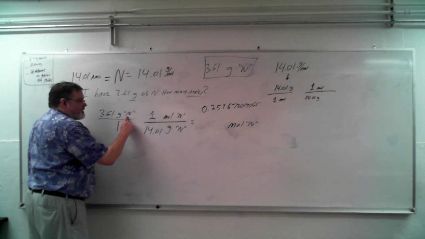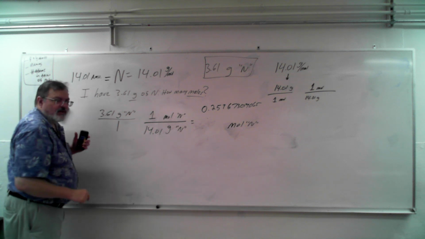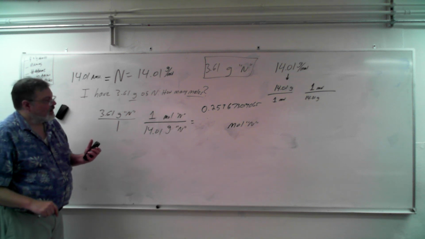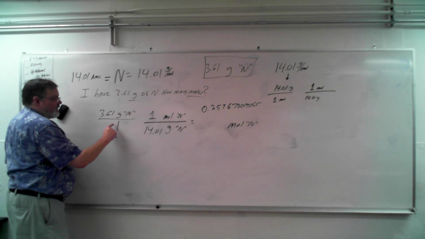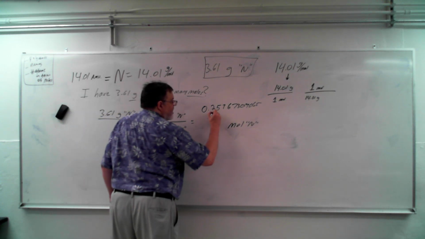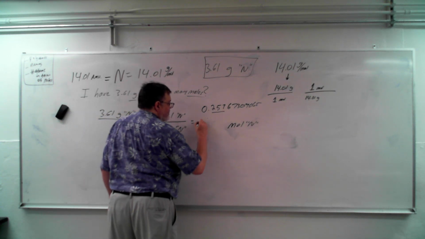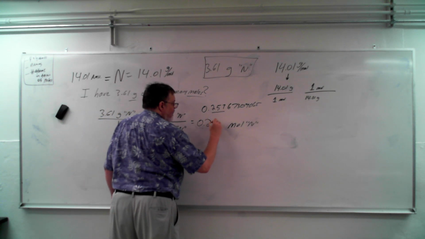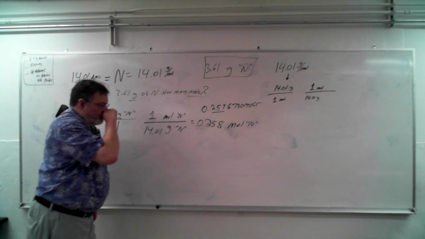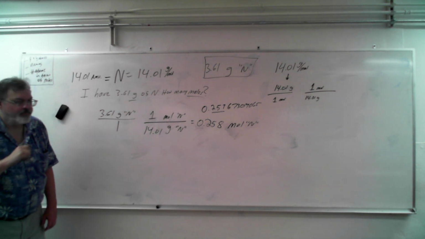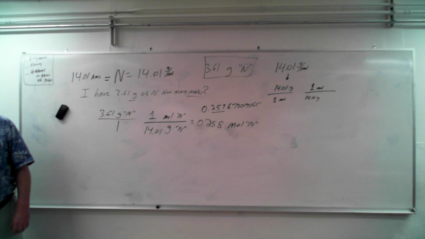I could say nitrogen atoms, I just put it in there to indicate it. Of course, 3 significant figures, 4 here, so I'm keeping those, 6 rounds to 7, so 0.2. You guys okay with that? Any questions?